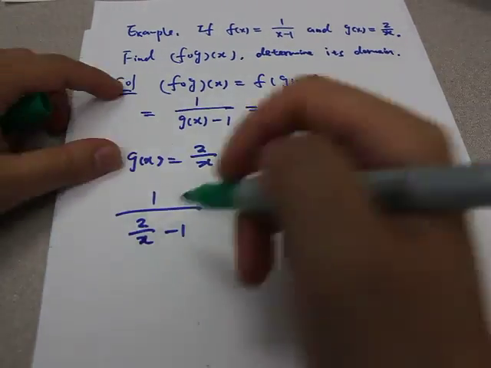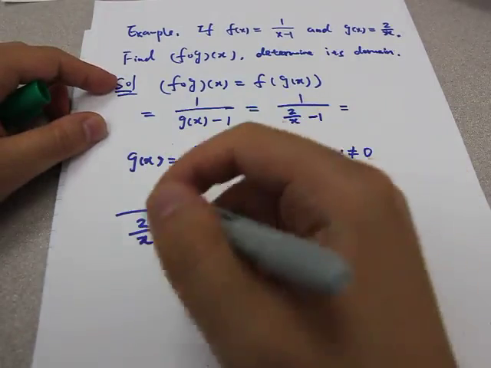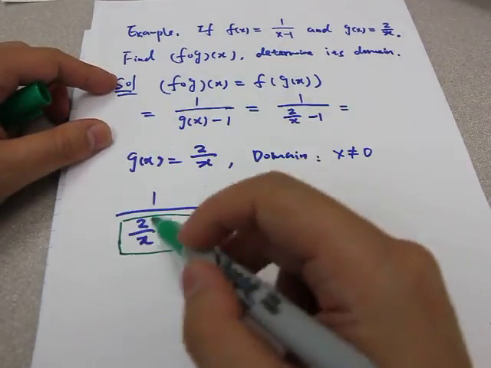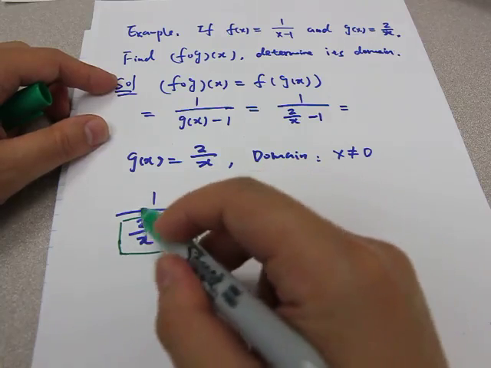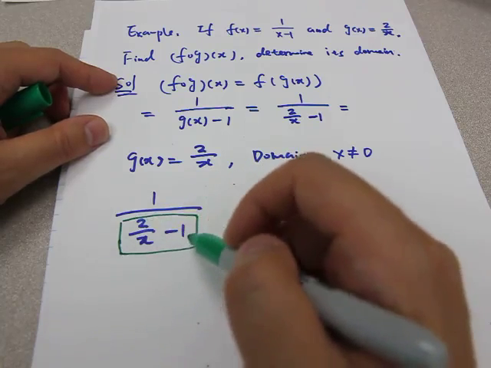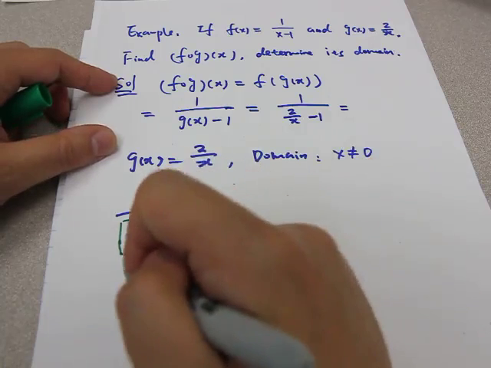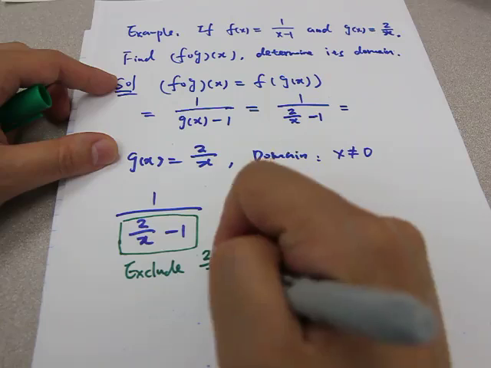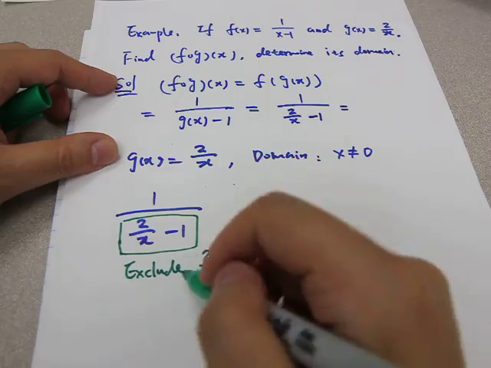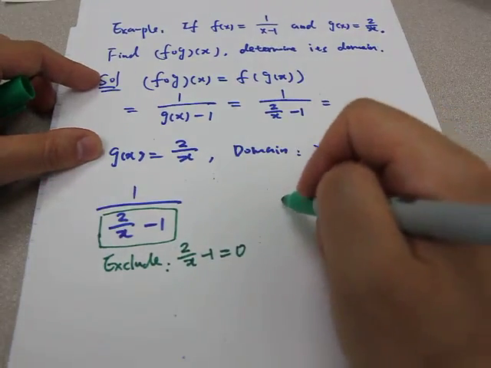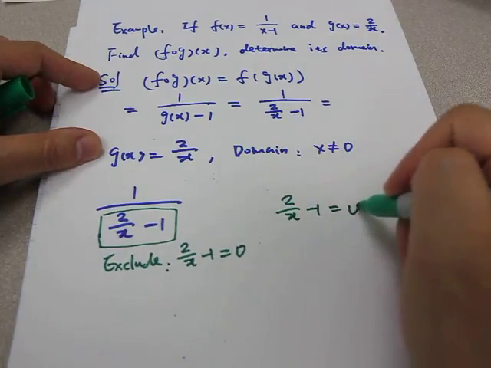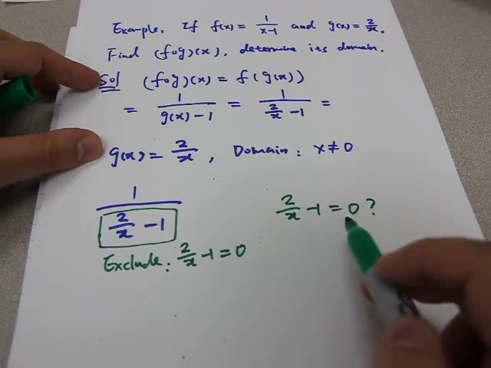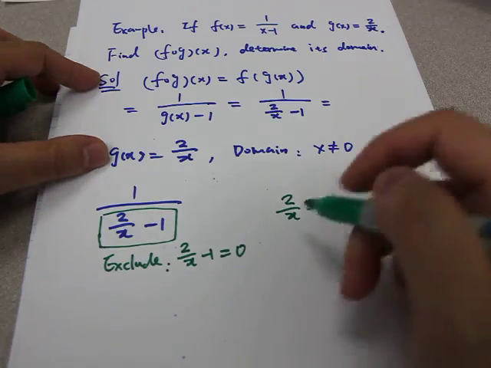And this time, if we consider the domain, we need to exclude anything that will make the denominator 0. So, which number will make the denominator 0? To answer this question, we're going to solve this equation for x.